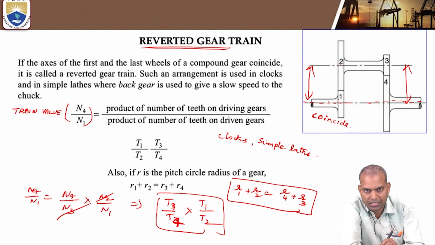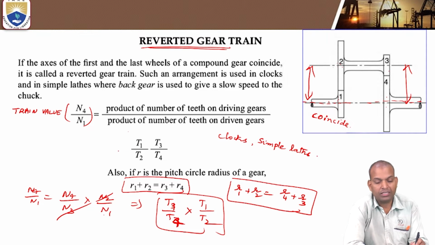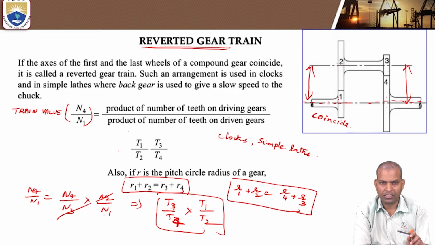The pitch circle radius of gear 1 plus gear 2 equals that of gear 3 plus gear 4. It is very important. From these conditions, we can calculate the required speeds of the gears, the required pitch circle radii, and also the required number of teeth on follower and driving gears.